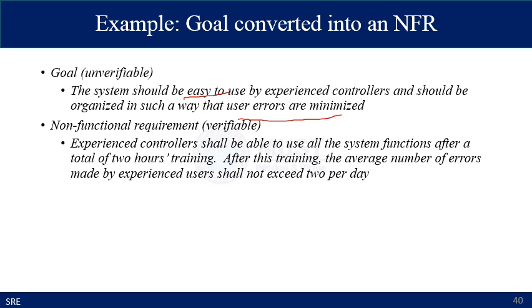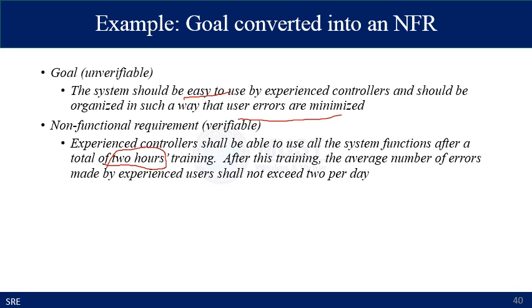So you have to extract the non-functional requirements: the experienced controllers should be able to use all the system functions after a total of 2 hours of training. Again, you have turned an unverifiable goal into a verifiable non-functional requirement by specifying a measure.